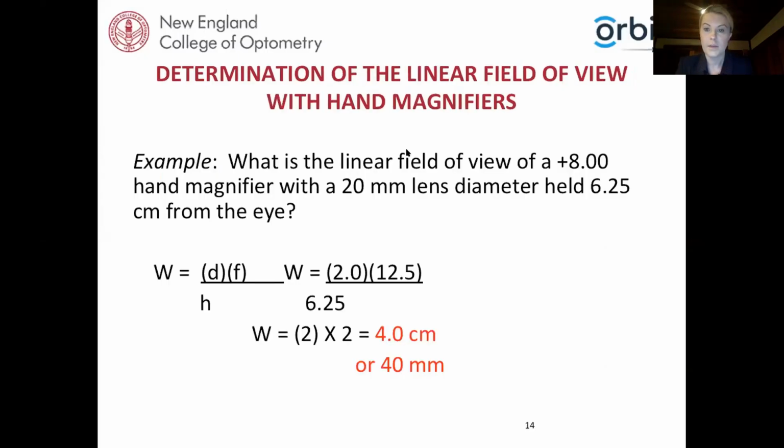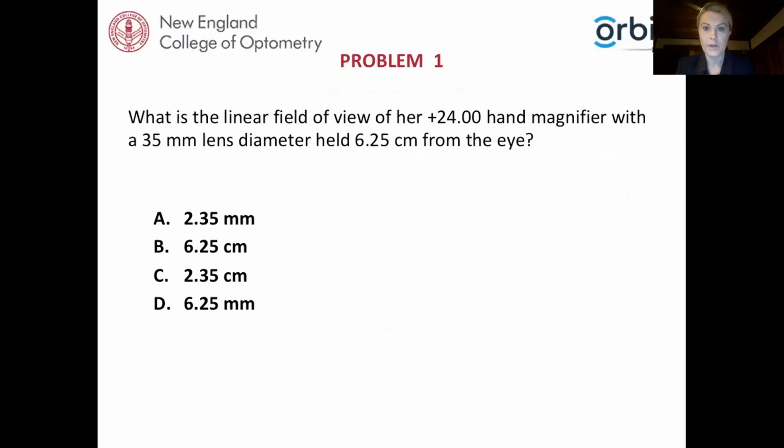So in this example, if we have an 8 diopter handheld magnifier with a 20 millimeter lens diameter that's held about 6.25 centimeters from the eye, our linear field of view is about 4 centimeters. So again, you really see these two factors at play, the power of the hand magnifier and the distance that that hand magnifier is held from the eye, affecting the field of view in this equation.